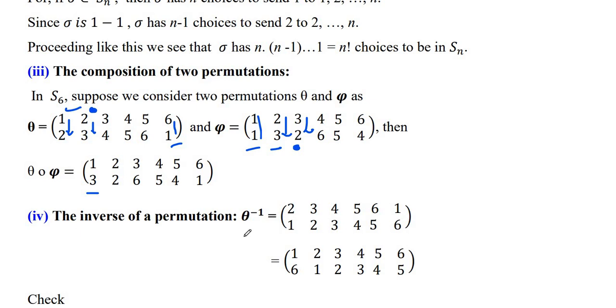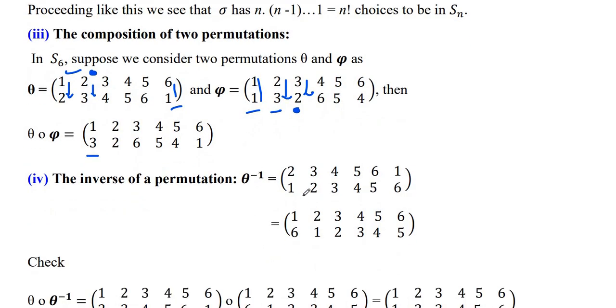Now to find the inverse of a permutation, that is theta inverse, what do we do? See, if we are given theta as this, we want to find the inverse of that permutation, namely theta inverse. So what we do is we just interchange the rows. So this row 2, 3, 4, 5, 6, 1 that's written here, and the corresponding first row is written as the second row.